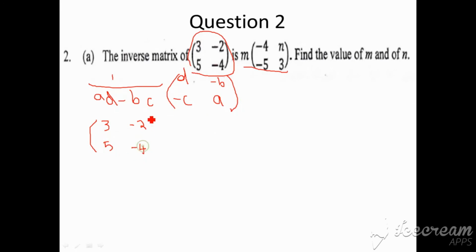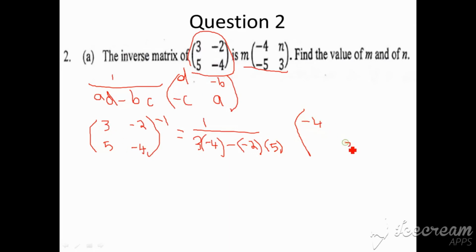So the inverse matrix of this one will be 1 over AD minus BC. So this is A, B, C, D. So 1 over A times D, 3 times negative 4, minus B times C, negative 2 times 5. D interchanges with A, so these two interchange, negative 4, 3.